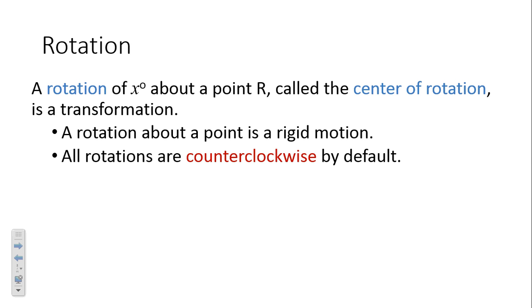All rotations are counterclockwise by default. So in a digital age, what does that mean? You guys don't usually use an analog clock. What does clockwise mean? Goes the way of the clock, right? So you watch the second hand on a clock, and that's clockwise.